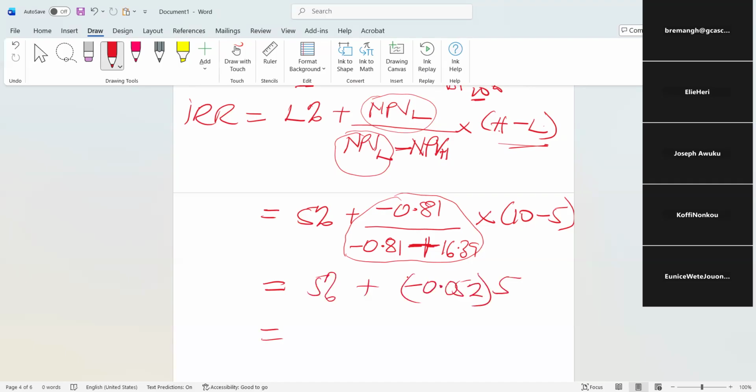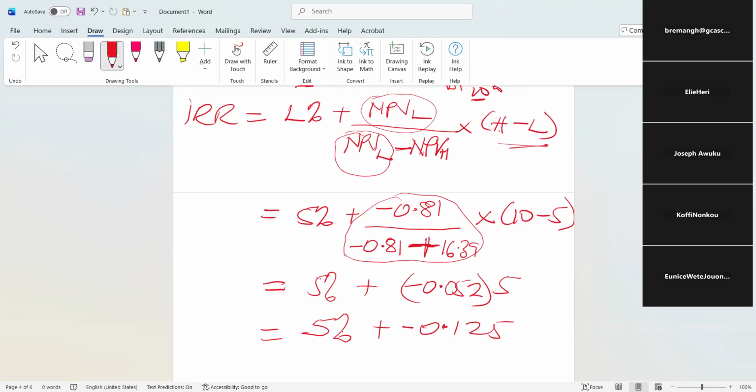So what answer are we getting? 5% plus negative 0.052 times 5, which is negative 0.26.